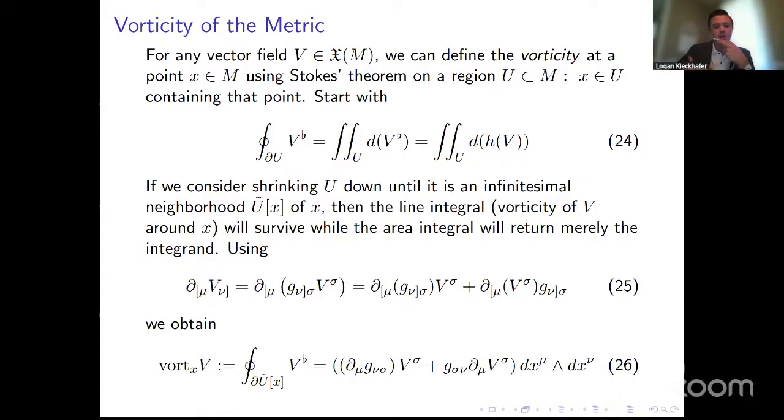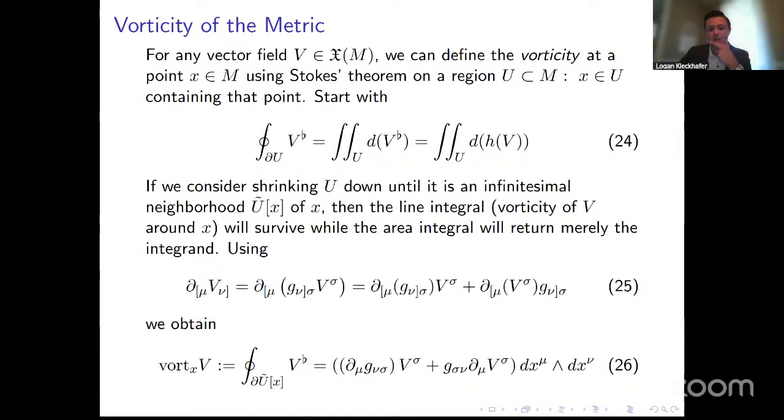Effectively, what we're doing is evaluating the exterior derivative of the covector field at the point. So the vorticity of a vector field V at point X is given in equation 26, which is just the exterior derivative after you lower it.